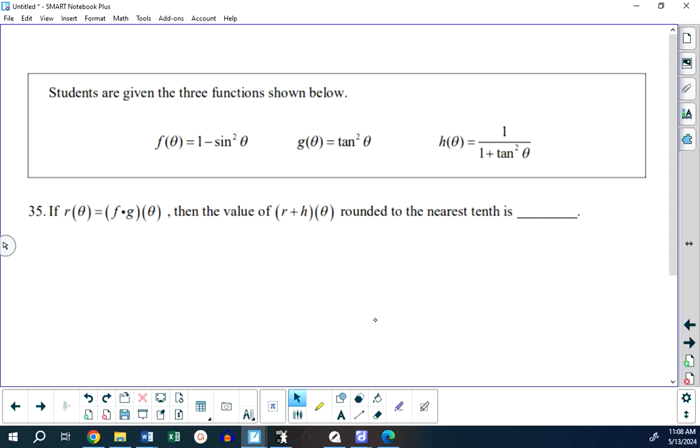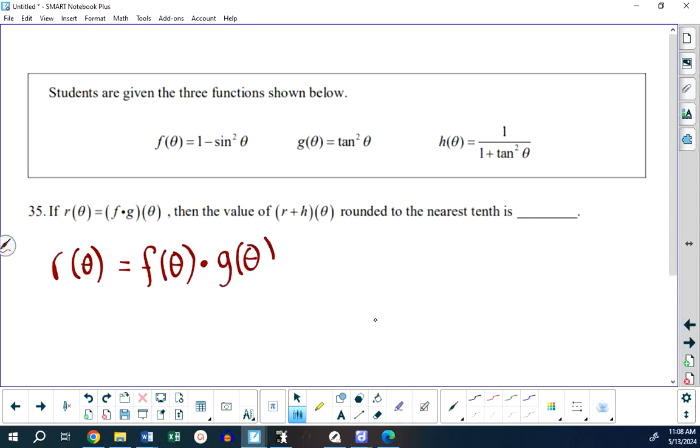So we want to start off with, what is r of theta? R of theta is equal to f of theta multiplied by g of theta. Well, f of theta is 1 minus sine squared of theta. G of theta is tan squared of theta.